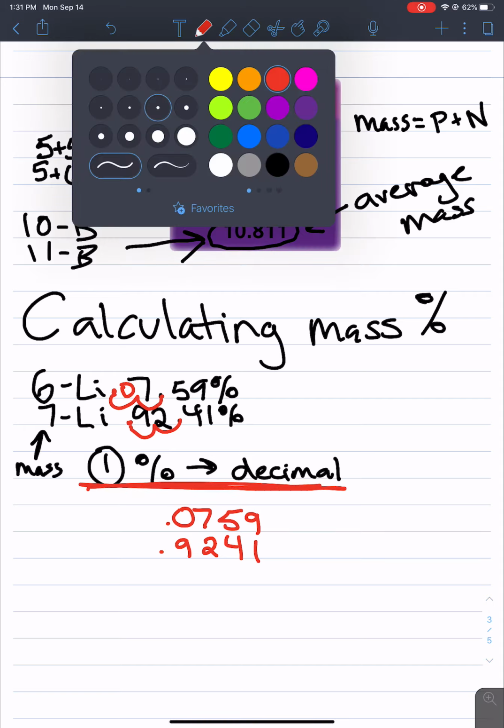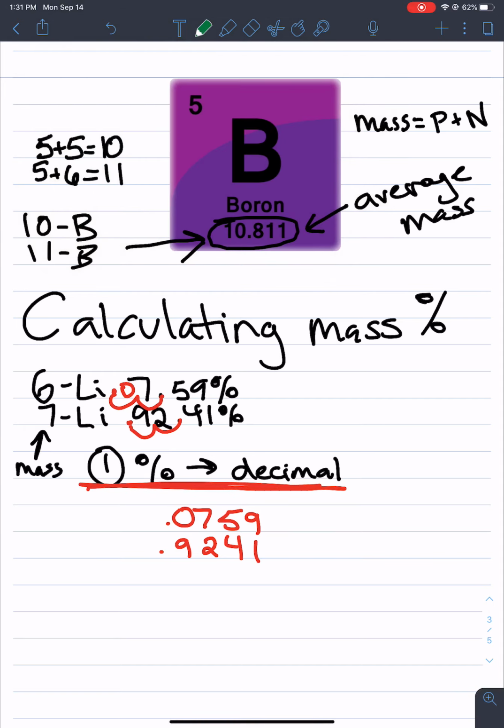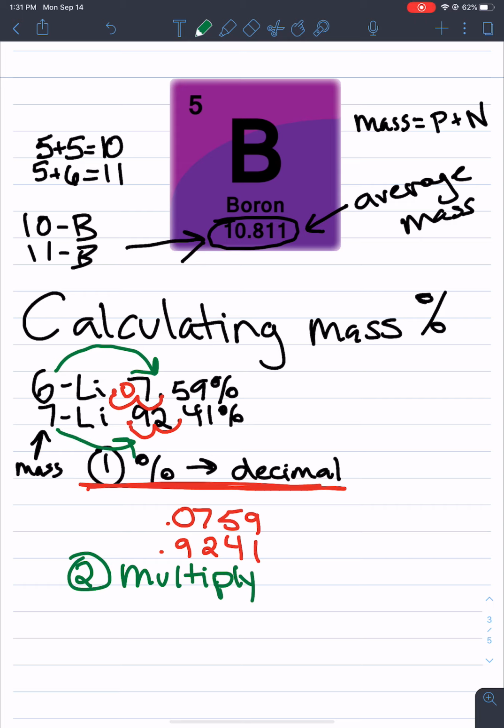Our next step, step 2, is to multiply. We're going to take the 6 and multiply it by its decimal, and the 7 and multiply it by its decimal. So we take the 0.0759 and multiply it by 6, and we take the other one and multiply it by 7.